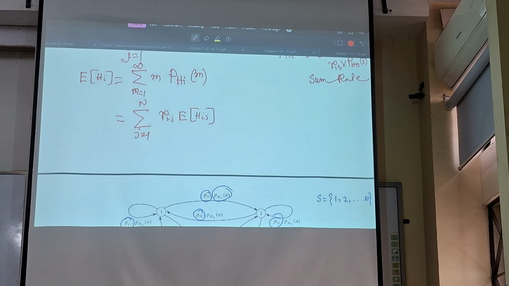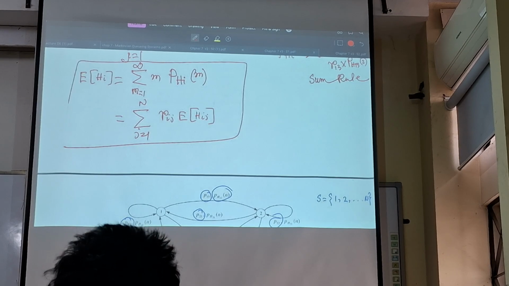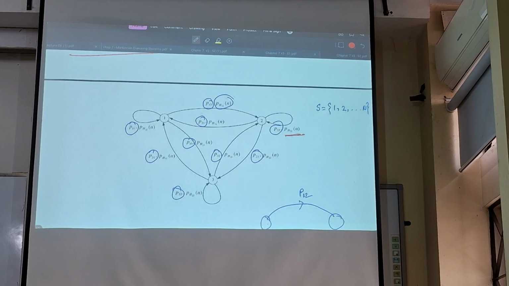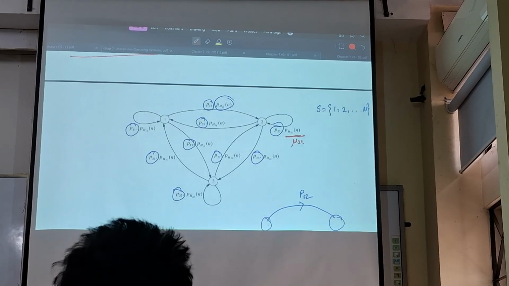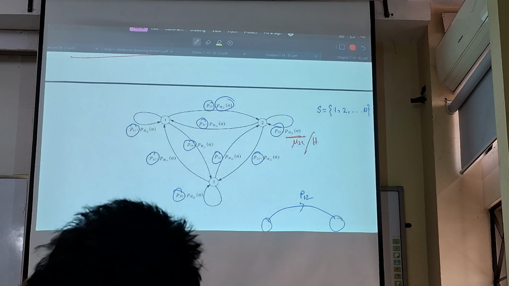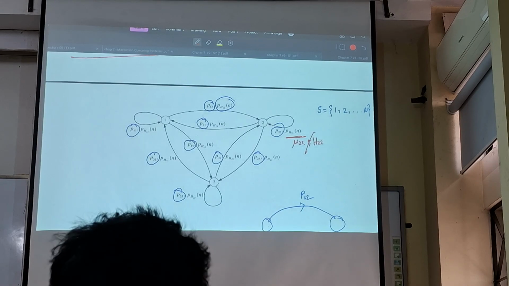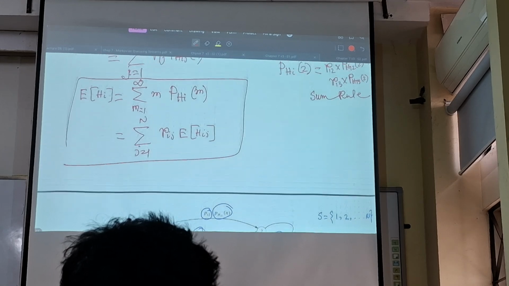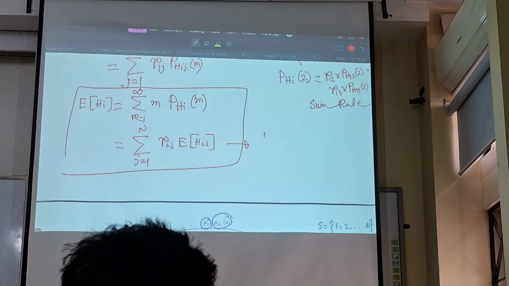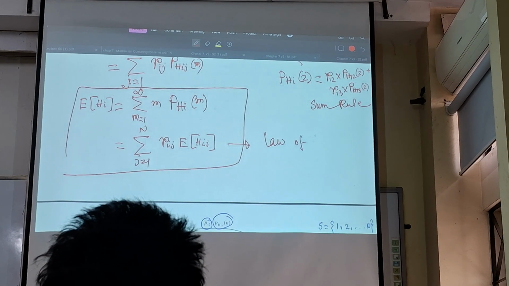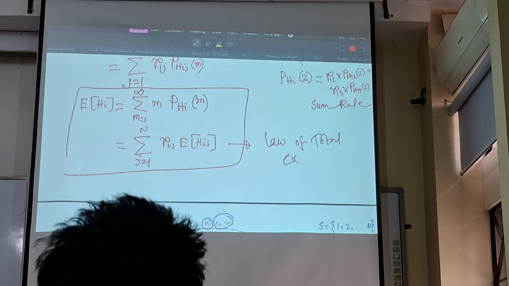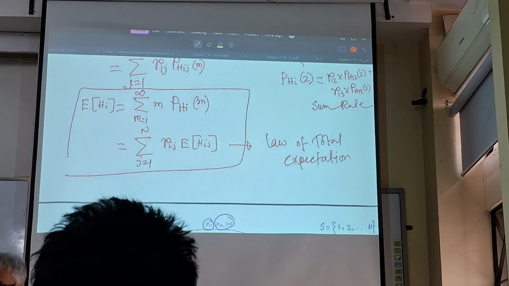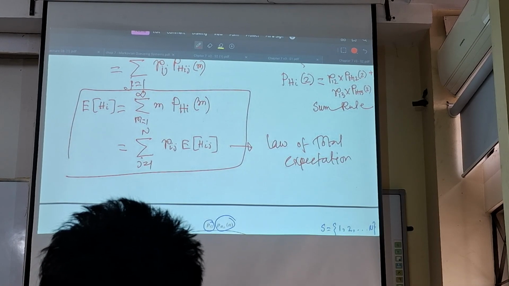And this is the better way, because in many cases, instead of this distribution, you might be given mu2 or the expected value. So if the expected value is already given, then actually you can apply the law of total expectation to calculate the expected value.